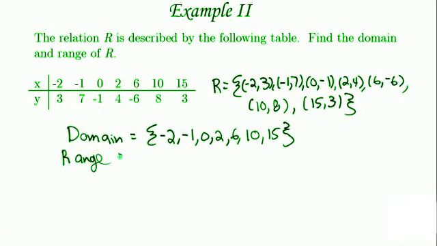The range, that is going to be all the members of the second set of values, 3, 7, minus 1, 4, minus 6, and 8. And then I notice I have 3 again. And I don't need to list that twice. I have 3 represented here. That's a member of the range, and I only need to represent it once. So this is going to be my range.